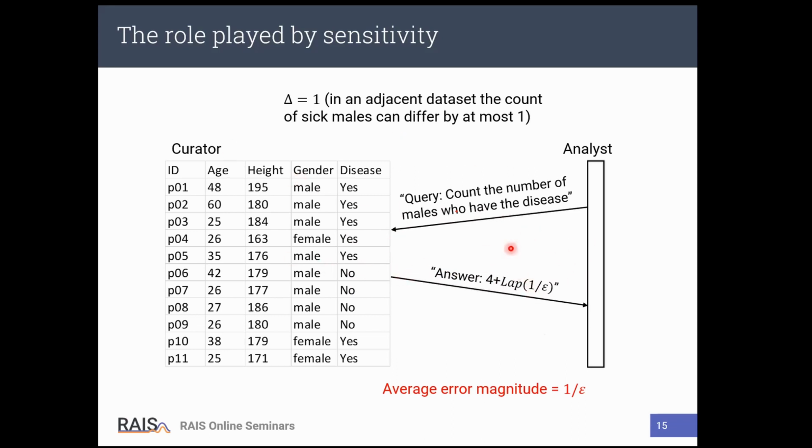But if you're asking how many males have the disease, and your database is a data set of billions of people, then an error of 1 won't matter much. You don't care if you have 500 or 499 or 501. Basically, the more data you have, the less the noise will impact your results.